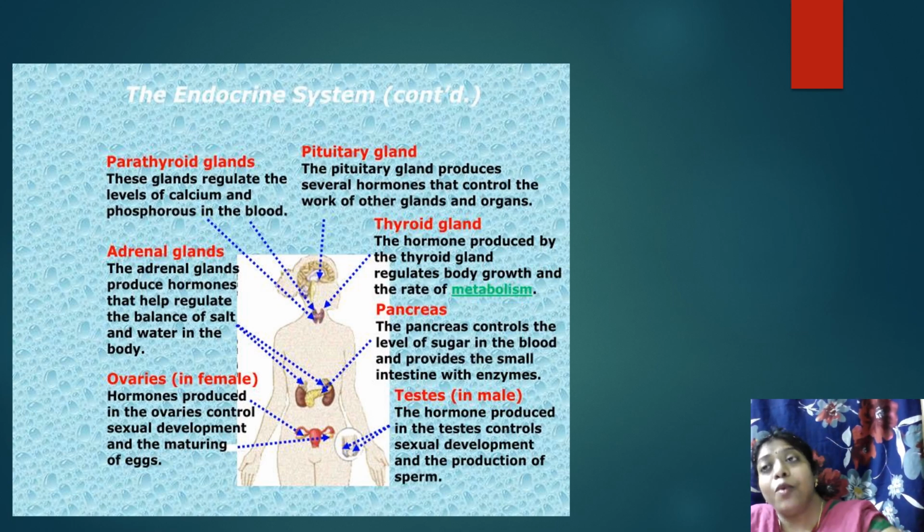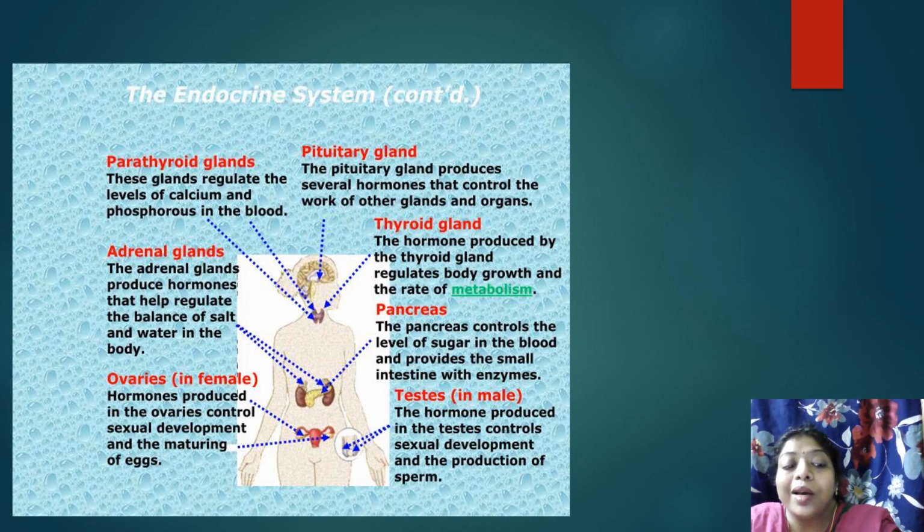So when you talk about the hormones, they control the body growth and the metabolism. The metabolism involves the body's physical and chemical processes. They also control sexual development and functions, especially during adolescence.